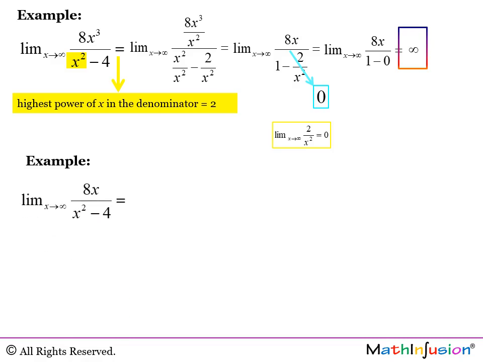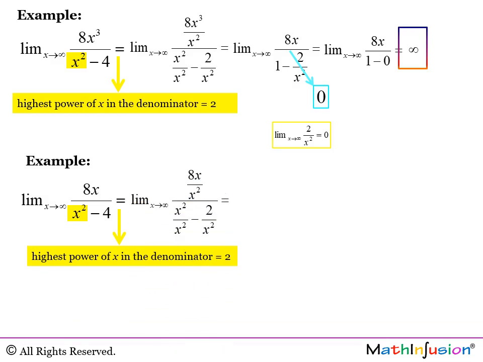Another example. The highest power of x in the denominator is 2. It's the same denominator as before. We divide everything by x to the power of 2. We get that.